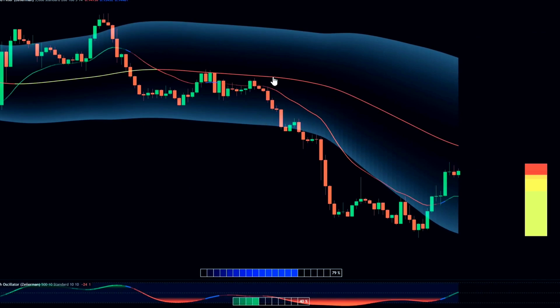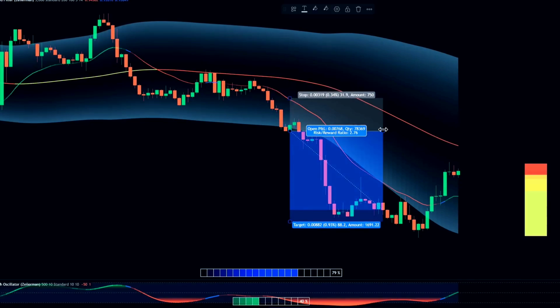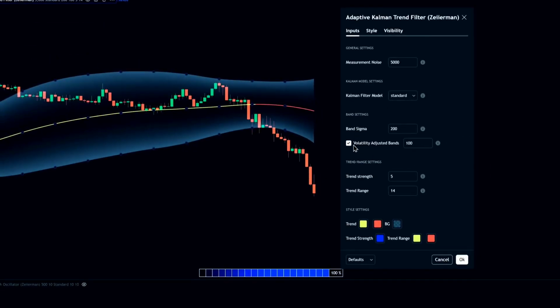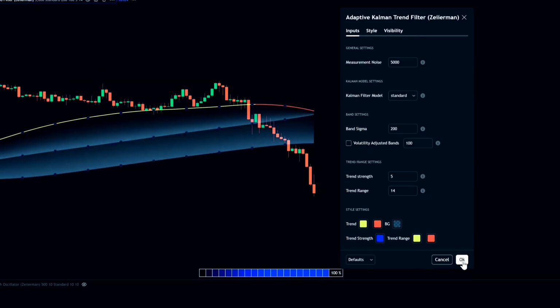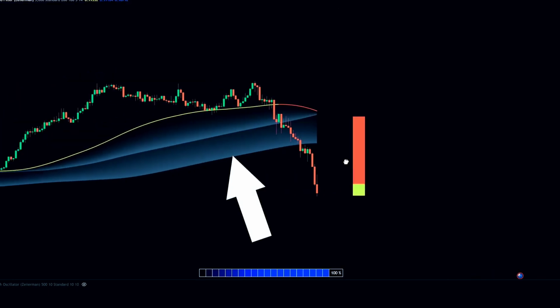Conversely, in a bearish trend, a break below the band suggests a short opportunity. If you disable the volatility band, you'll see the sigma band, which is helpful for identifying trends and pullbacks.